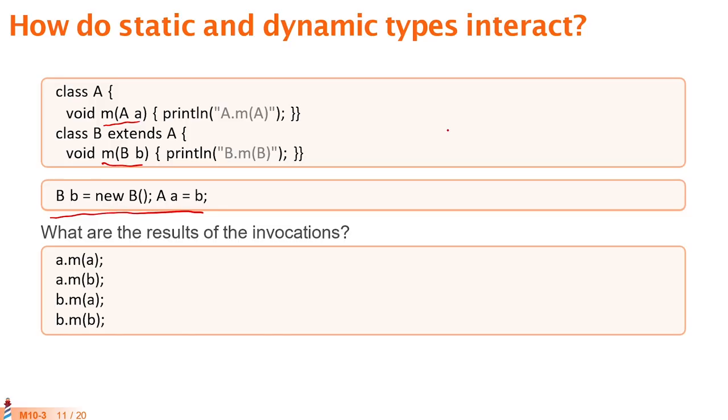So in our diagram, we have the variable B and the variable A, and a single object B that is pointed to by both.